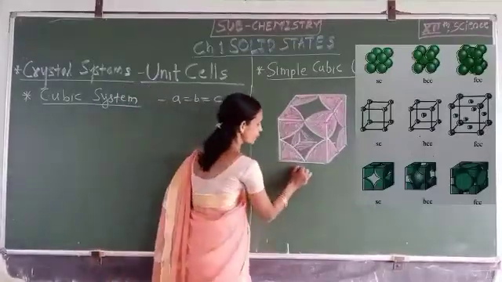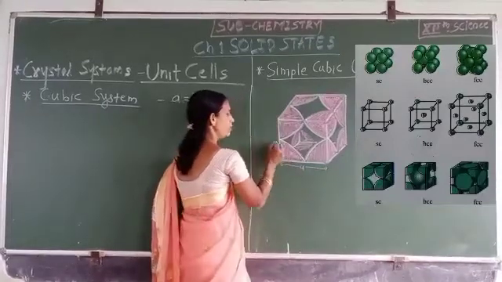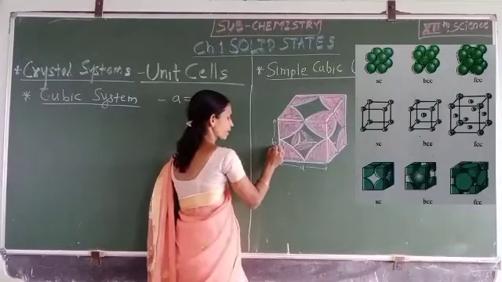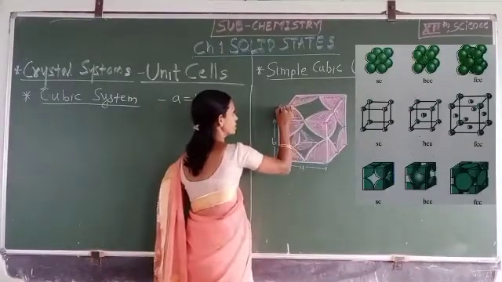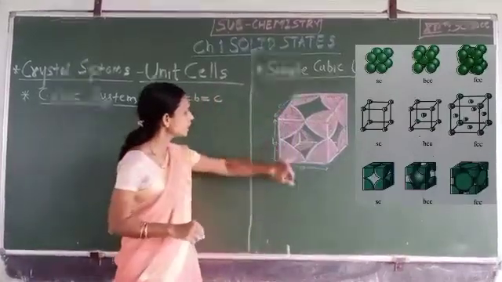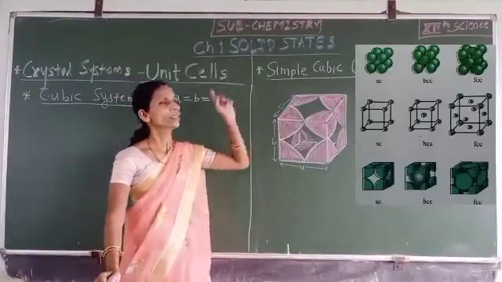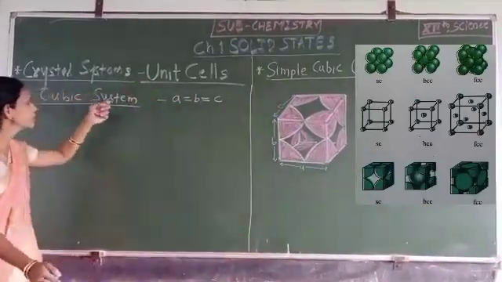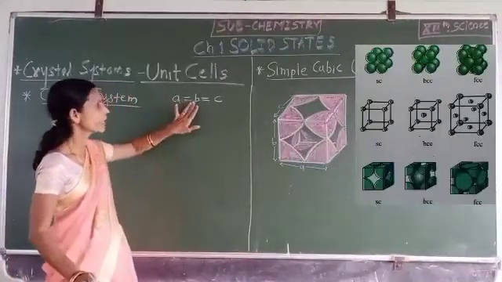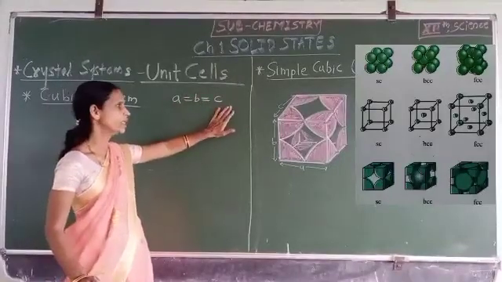See here, a is an edge length, b is an edge length, and c is an edge length. The three edges of this cubic unit cell are the same or equal, that means a = b = c.